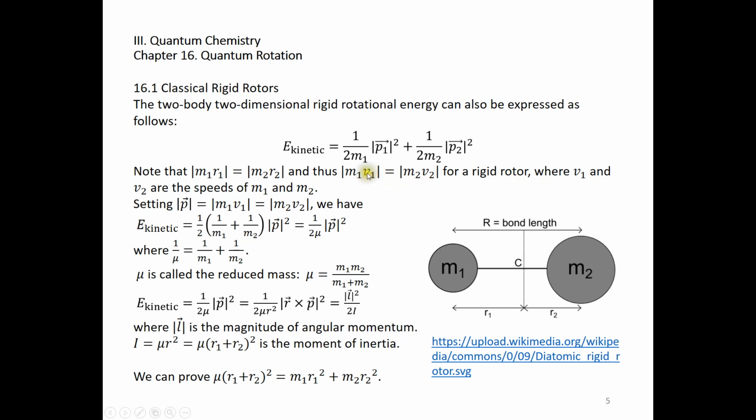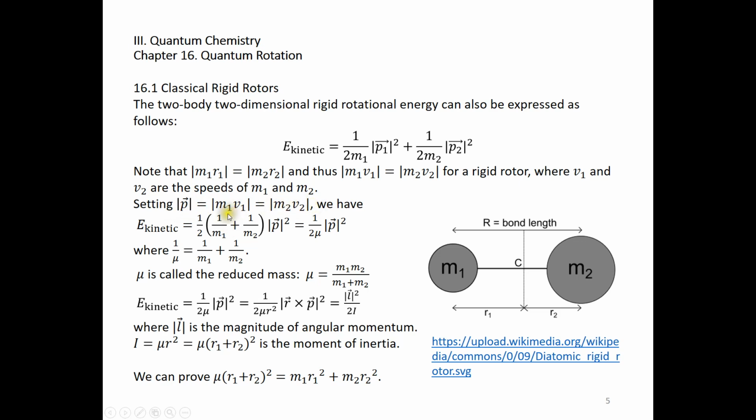Because v1 is simply r1 times d theta over dt, and v2 is r2 times d theta over dt. v1 and v2 are the speeds of m1 and m2. And now we set P equal to m1 v1 and P equals m2 v2.